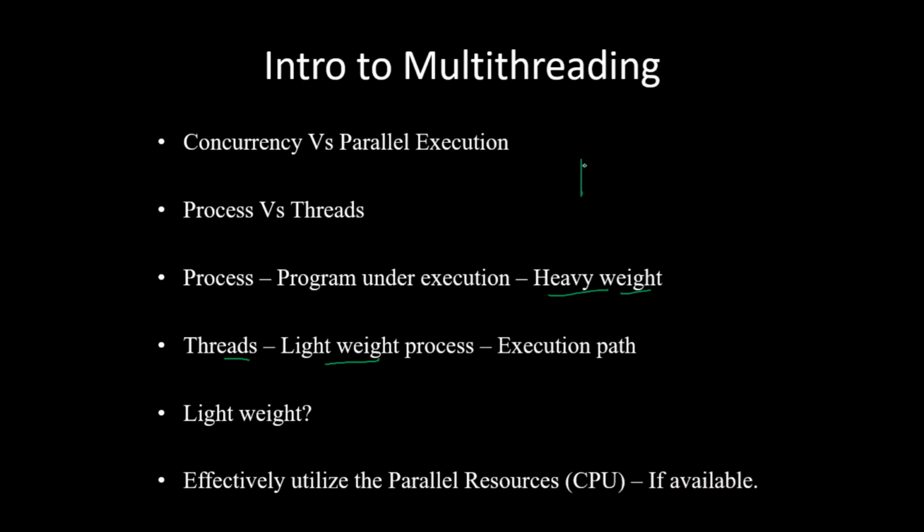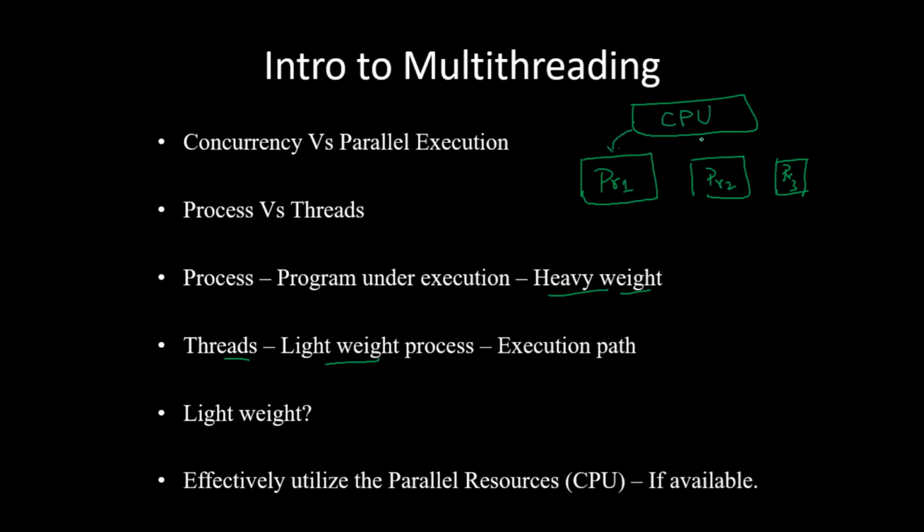So for example, if you have 3 processes currently running, process 1, process 2 and process 3. Say you have only one CPU, now CPU will obviously context switch from one process to another process depending on some time slice. Further, this process can have threads. In process 1 you may have 2 threads, T1 and T2.